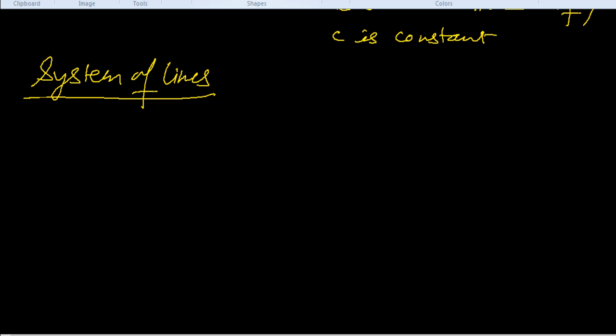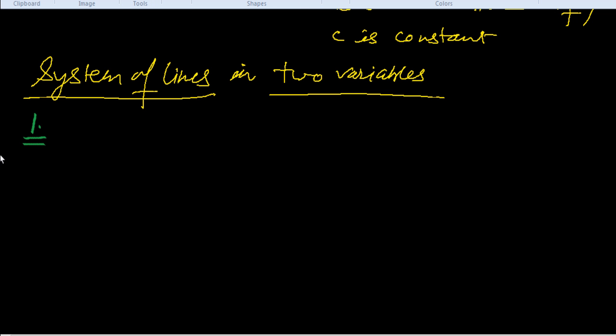So let us see how many types of systems of lines there are in two variables. So let us see here. First I draw the first system, which is called the transversal system.